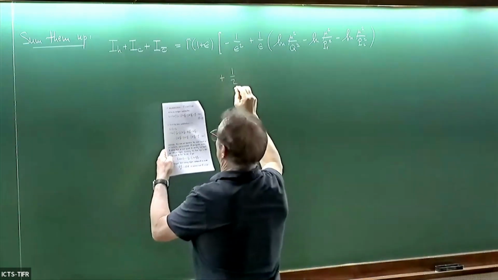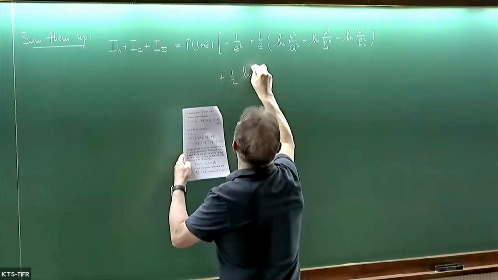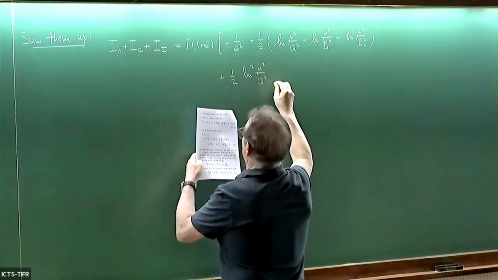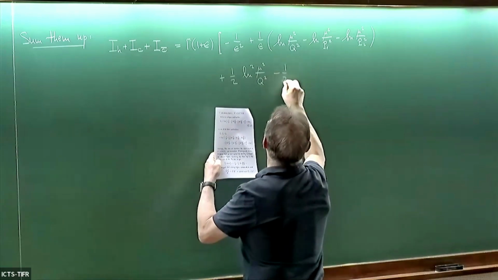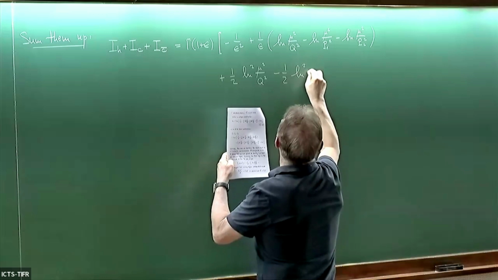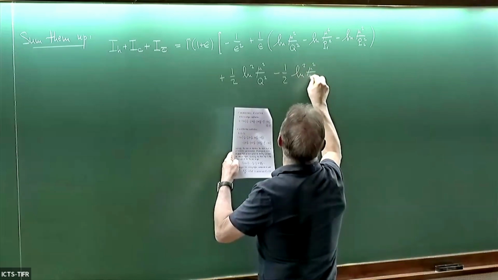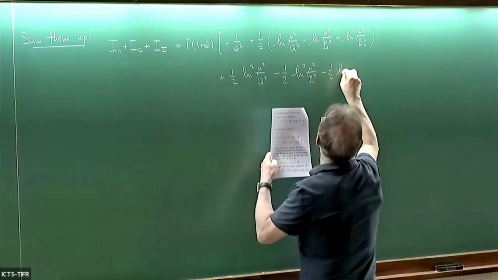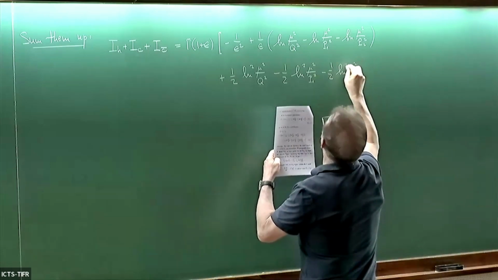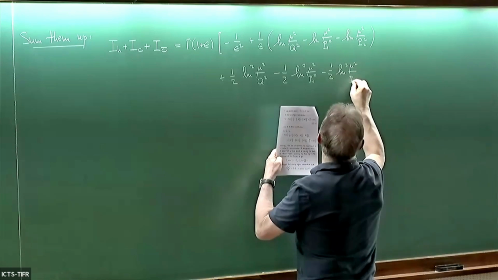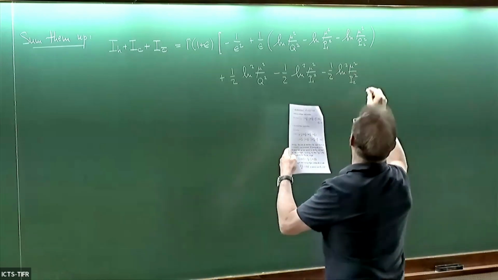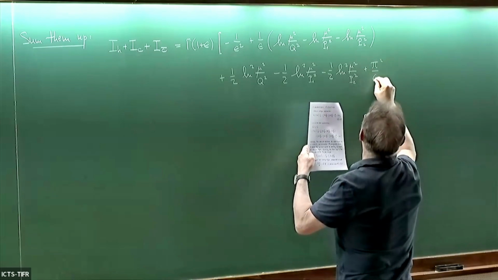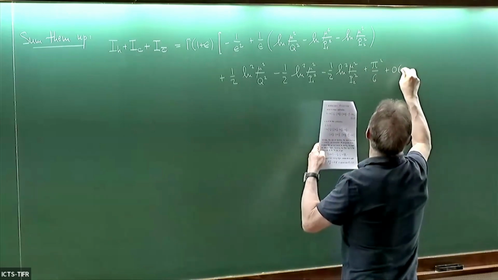Nothing is nice here. It's just a huge mess. Minus 1/2 log squared mu squared over p1 squared, minus 1/2 log squared mu squared over p2 squared, and the constant which is pi squared over 6, plus terms of order epsilon.